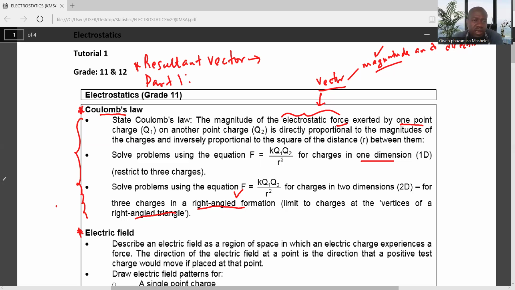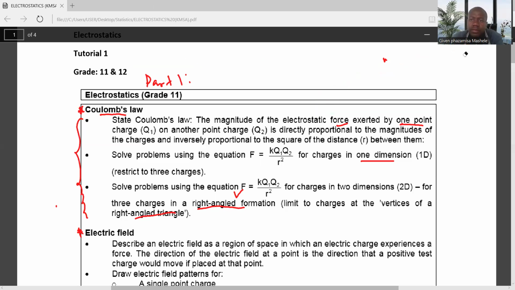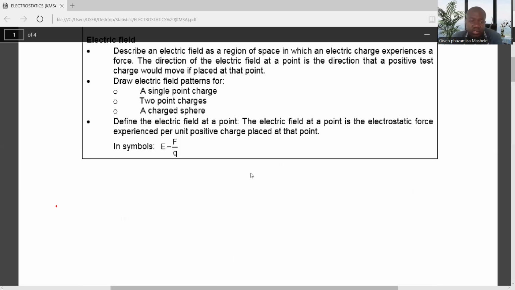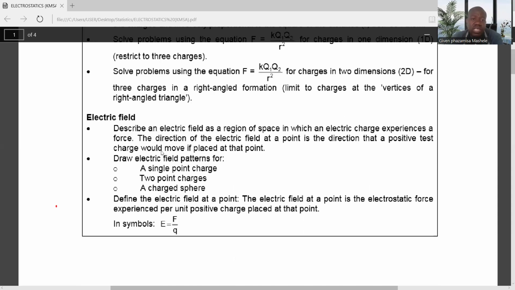Okay, let us go through the equations, where we'll be using the formula F equals k charge 1 charge 2 over r squared. After the next session, I'll do the electric field at a point.